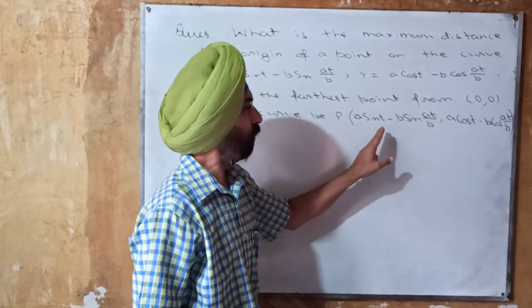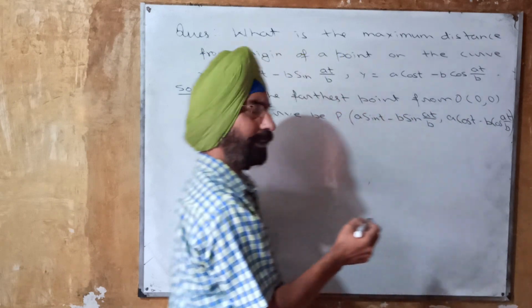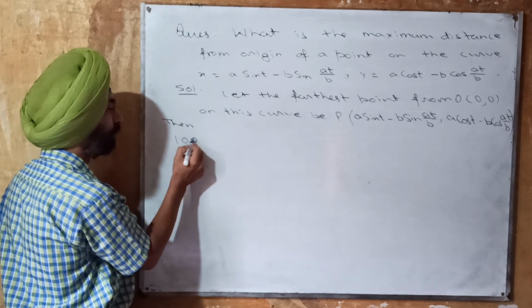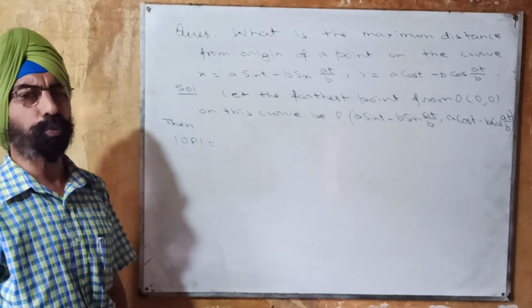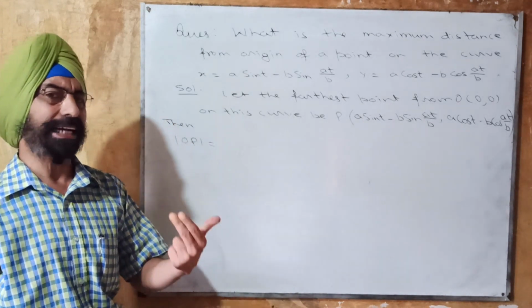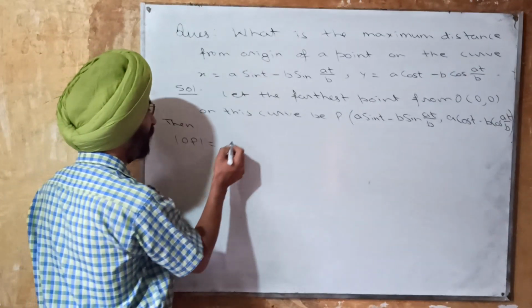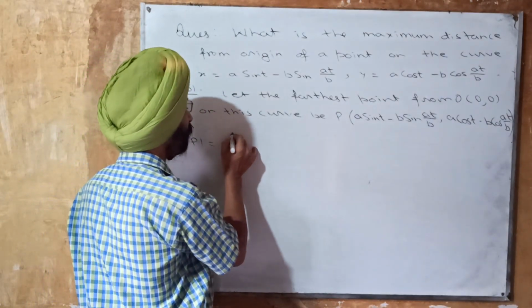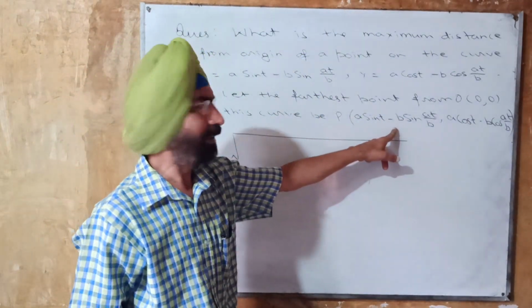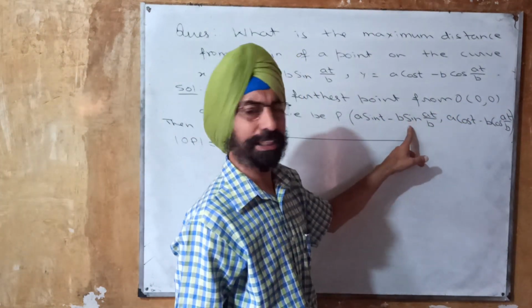First we have to find the distance between these 2 points. Let this point be O, origin. Then what is the distance OP? We know that the distance between 2 points (x1, y1) and (x2, y2) is given by the distance formula: square root of (x1 minus x2) whole square plus (y1 minus y2) whole square. So here it will be the square root of (x1 minus x2) whole square, and since x2 is 0, it is obviously only x1 square.